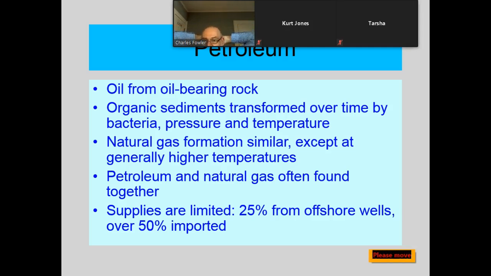Petroleum basically has some oil, and that oil, believe it or not, comes from rock. Now, I know the pictures out in Texas and things back in the oil boom, drilling into the ground, and suddenly you get a gusher. And maybe in some places you still find that. I don't think so. I think most of those gushers have gushed out. So now they're getting most of the oils from oil-bearing rock. Okay? Now, where did that oil come from?